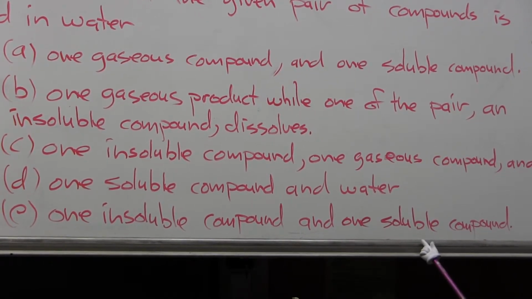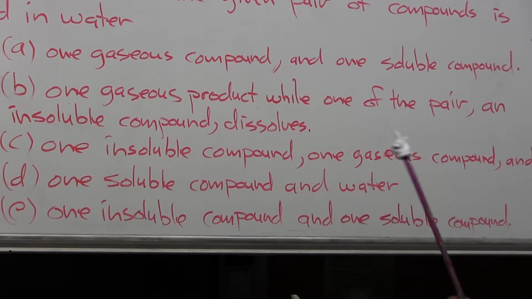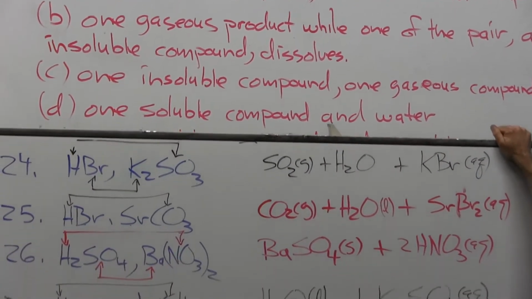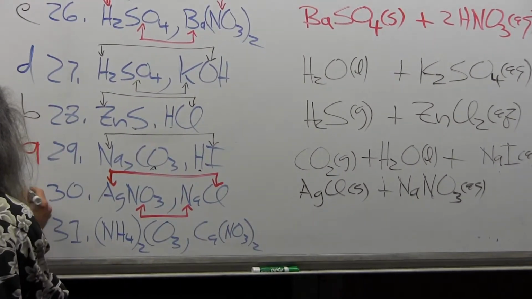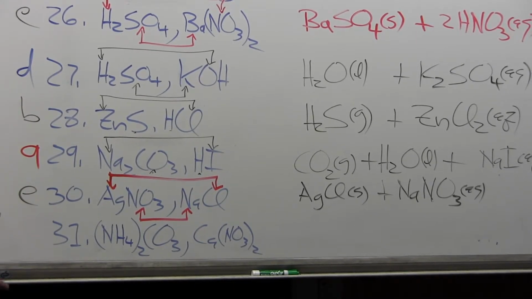Option E, I think better describes it. There's no water produced, there's no gaseous products produced. And so that would be option E. And fill in the bubble on the Scantron.